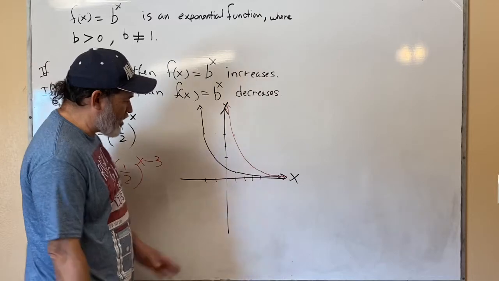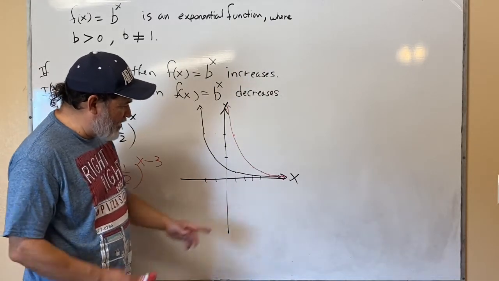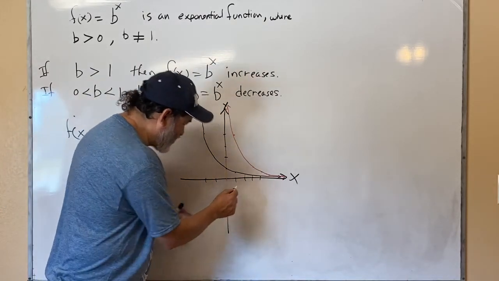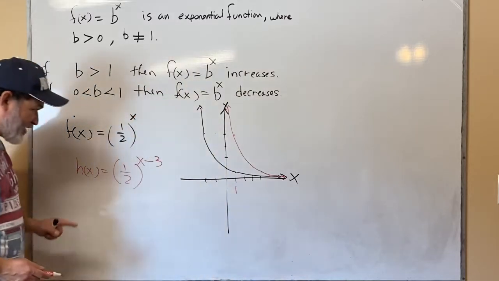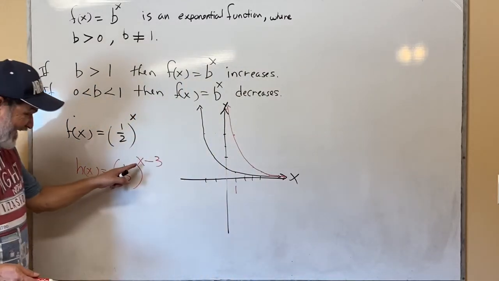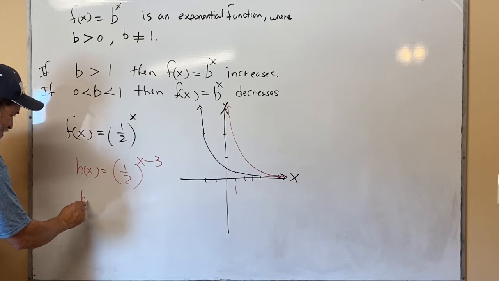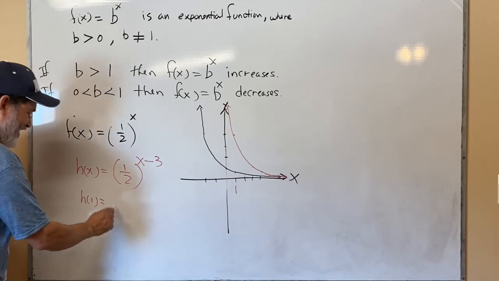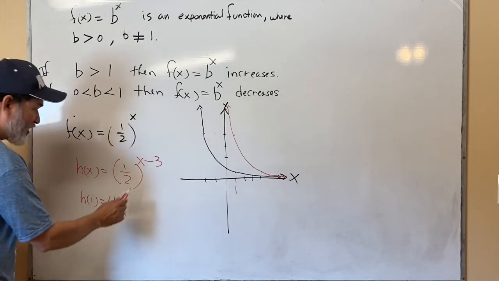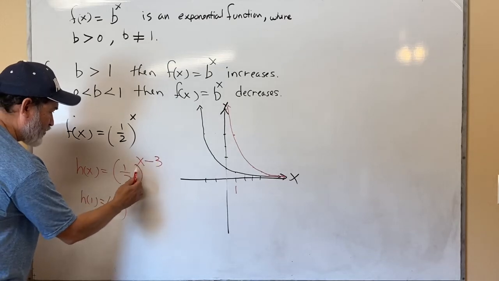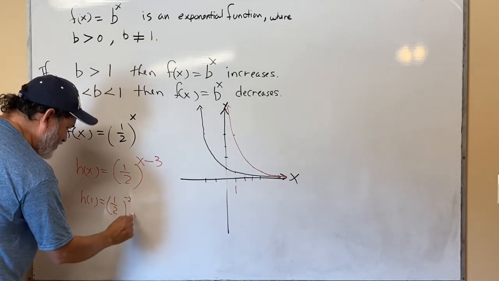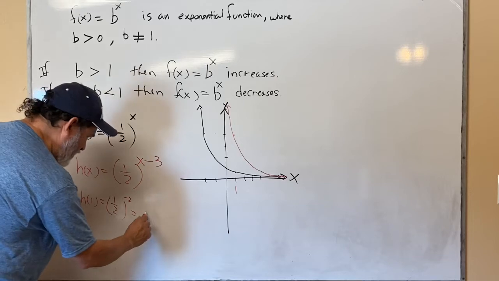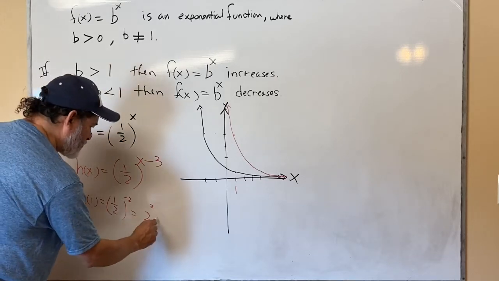Watch here. How do I know I'm right? If you plug in 1, you're going to get 4. What is h of 1? This is 1/2 raised to the 1 minus 3. What's 1 minus 3? -2. You flip it over, change the power to 2, and you get 4.